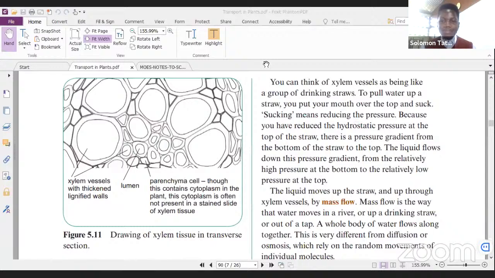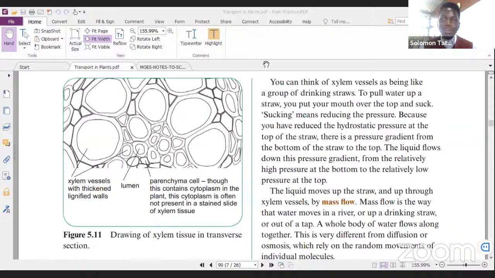Capillarity is the upward movement of water through a narrow tube. Very good. Capillarity is the movement of a liquid through a narrow tube.